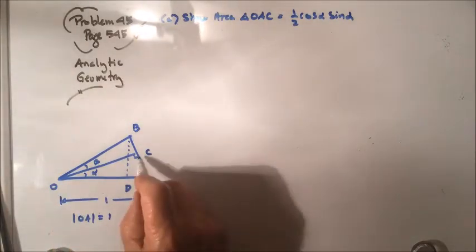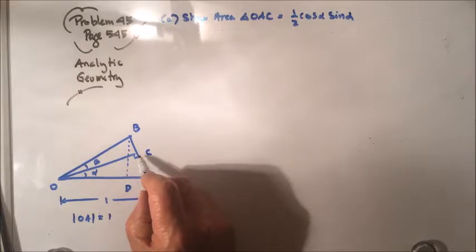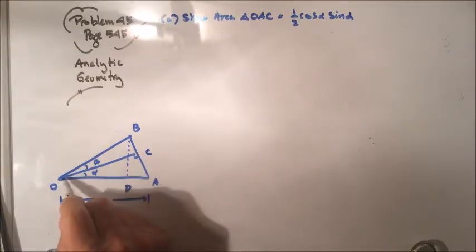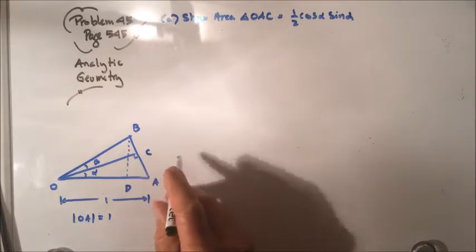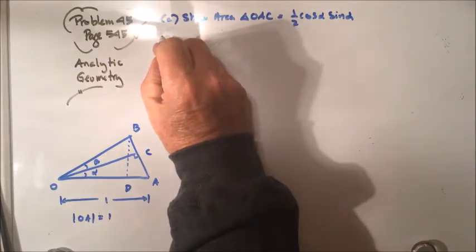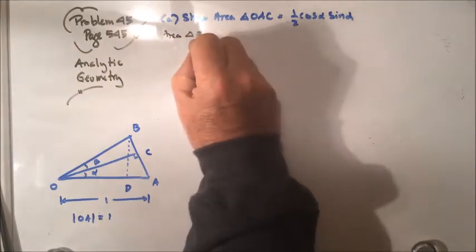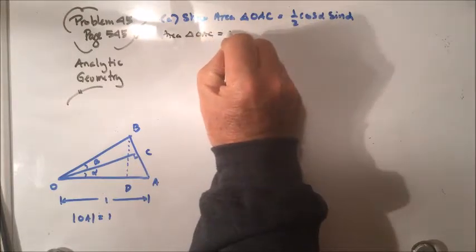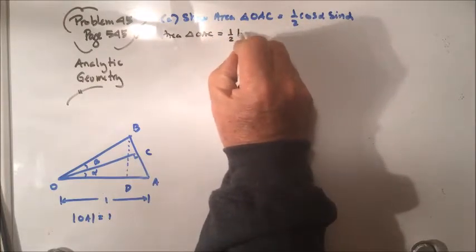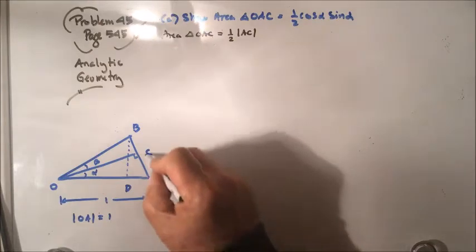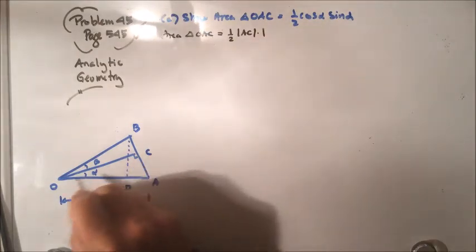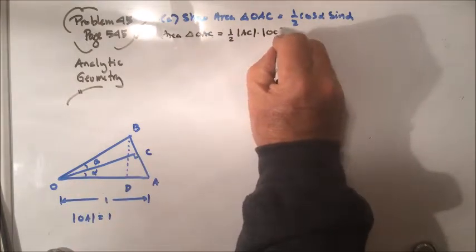Here's OAC right there. It's a little right triangle, and as such, this length right here, AC, is the base. This length here, OC, is the height. So the area of triangle OAC is 1/2 the base, distance A to C, times the height, the distance O to C.